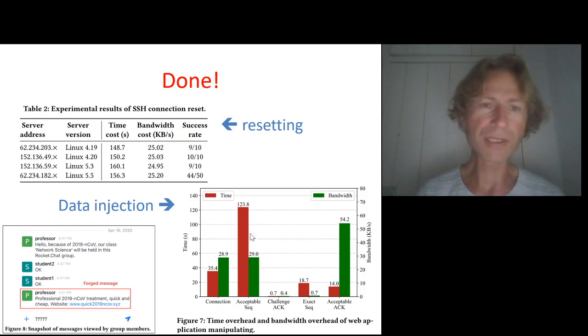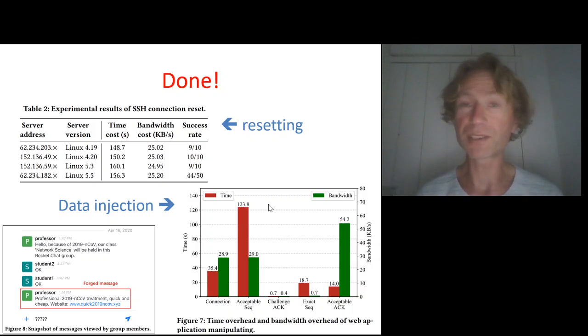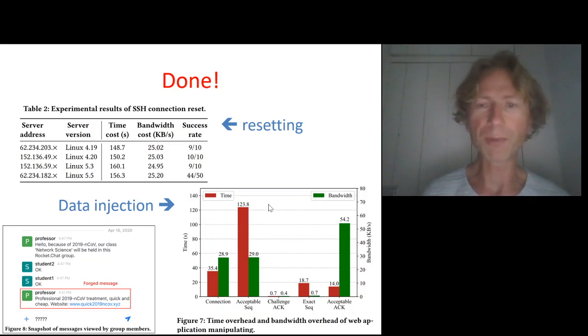Okay, and again you see that the time it takes to pull off the attack and the bandwidth it takes to pull off the attack is all within very reasonable limits. So 54 kilobytes per second and some 120 seconds to do this is quite impressive. So now we have the full attack.